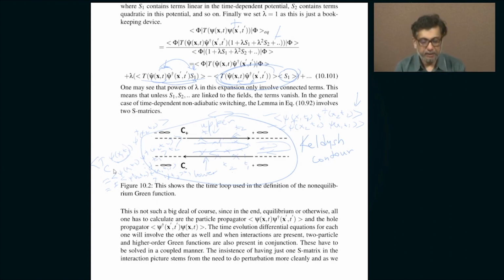If the times are on two different branches, I told you what it is. If they are on the same branch, it is the same as numerical ordering if both are on the upper branch, and it is the anti-numerical ordering if they are on the lower branch.